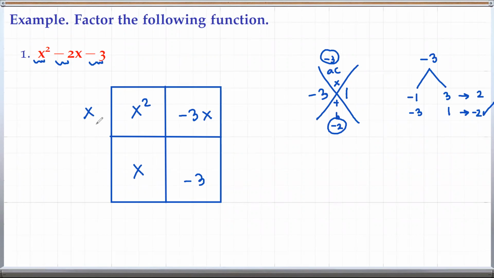Now with that x, we should be able to fill out the rest. x times what is x squared? x times x is x squared. x times what will give us -3x? x times -3 will give us -3x. Similarly, once we have x over here, x times what will give us x? That will be 1. And -3, the last one, we can just make sure we did that correctly. -3 times 1 will give us -3.